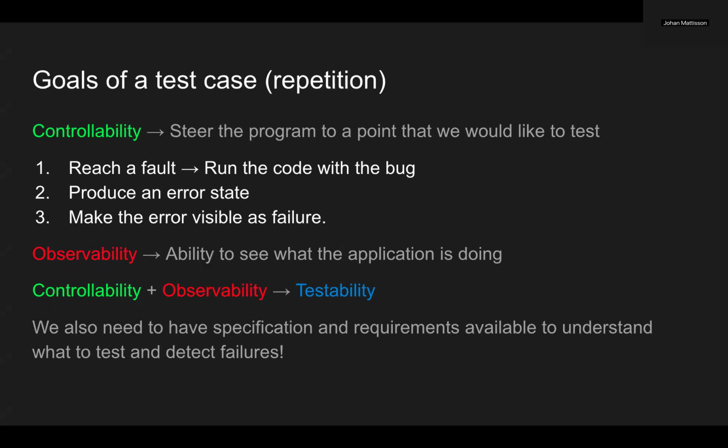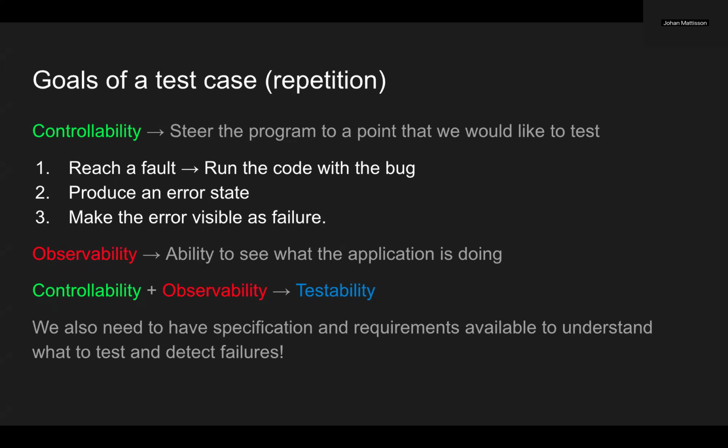We want to be able to produce the error state, and we also need to make the error visible as a failure. So we need observability. If we have controllability and observability, we have testability. Then we can test it.